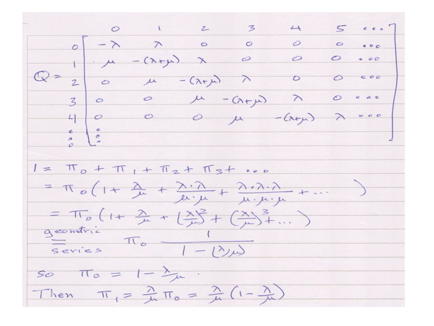And on the diagonal, we have to set the diagonal elements so that the rows all sum to 0, which means every entry on the diagonal will be a minus lambda plus mu, minus lambda plus mu, except for the very first row where the entry would just be a minus lambda.